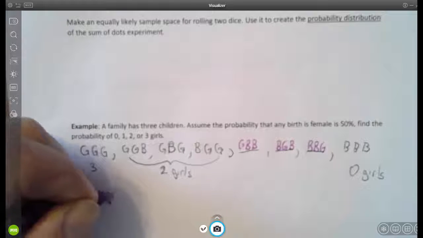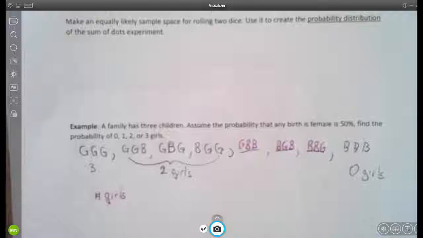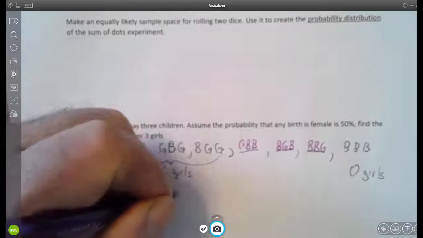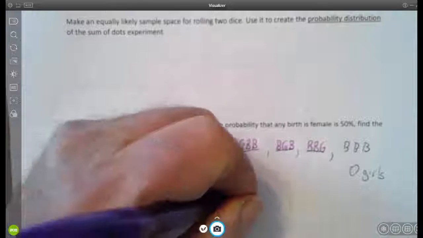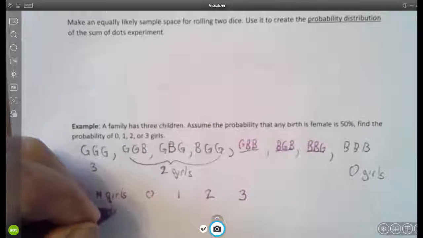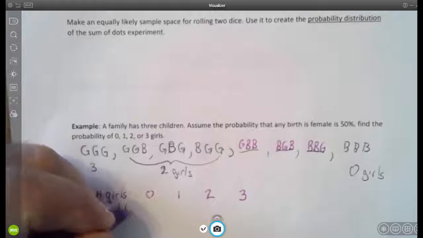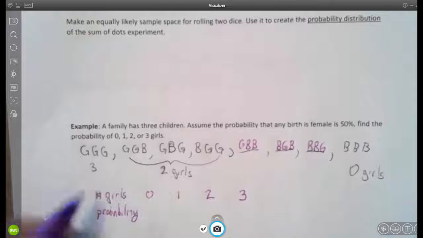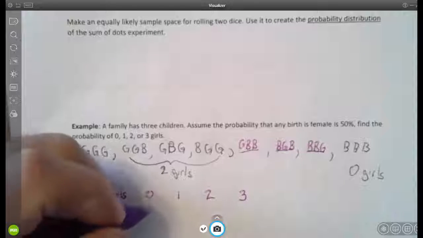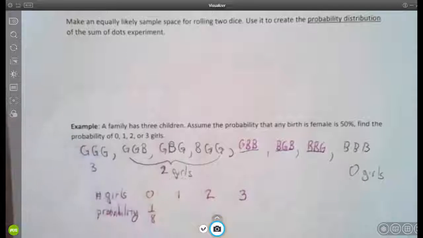So the probability distribution then would be this. The number of girls out of the 3 children could be 0, 1, 2, or 3. The probability would be, well, there's only one way out of these. There's a total of 8 here. 1/8 is the probability of 0 girls.